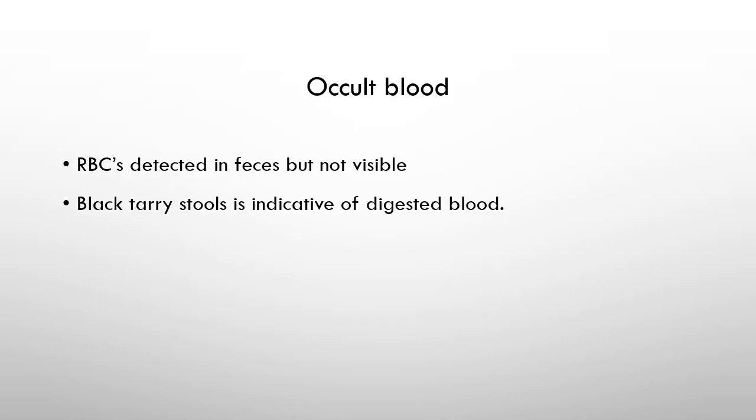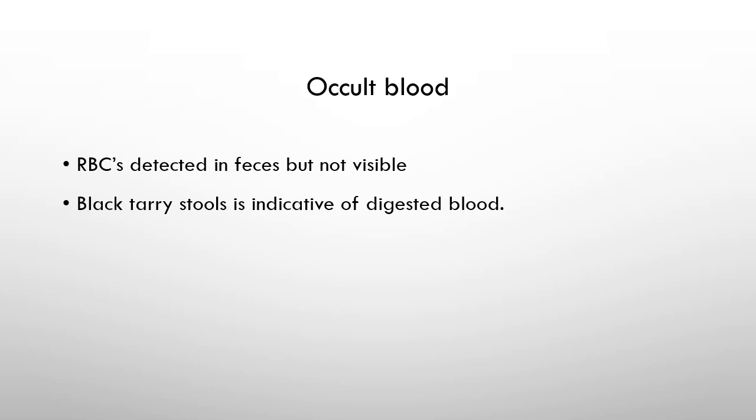One of the things that home testing or simple testing in the doctor's office looks for is what we call occult blood. And so we're looking for detectable red blood cells in the fecal matter. And this is essentially an indicator that potentially something is going on in the digestive tract. Somewhere there's blood that's being lost into the digestive tract on a daily basis.